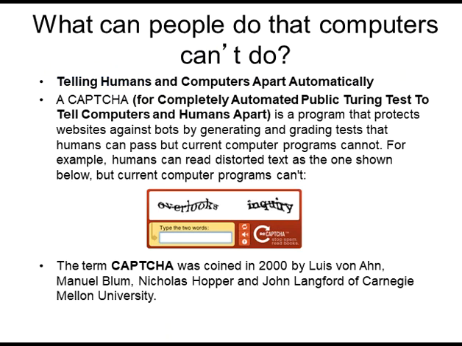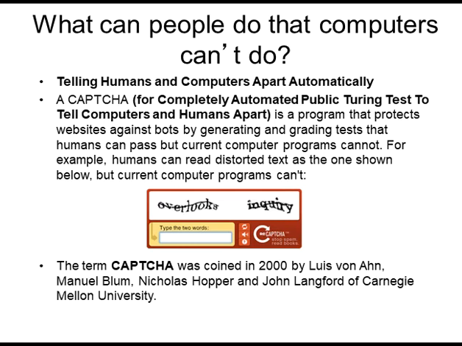So, another thing too that we probably are aware of, and you've probably come across a couple of times already: what can people do that computers can't do? And we have this thing called CAPTCHA, telling humans and computers apart automatically, or a completely automated public Turing test to tell computers and humans apart.